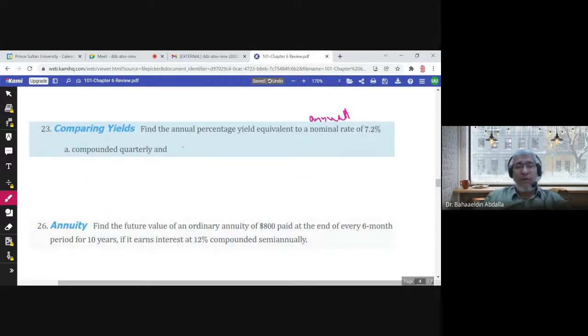I think part B is compounded continuously. Okay, so part A, the annual percentage yield when compounded quarterly, the formula is 1 plus r over m to the power m, minus 1.